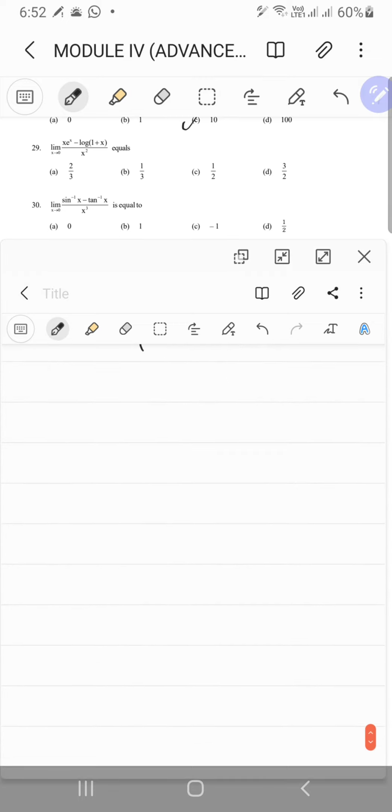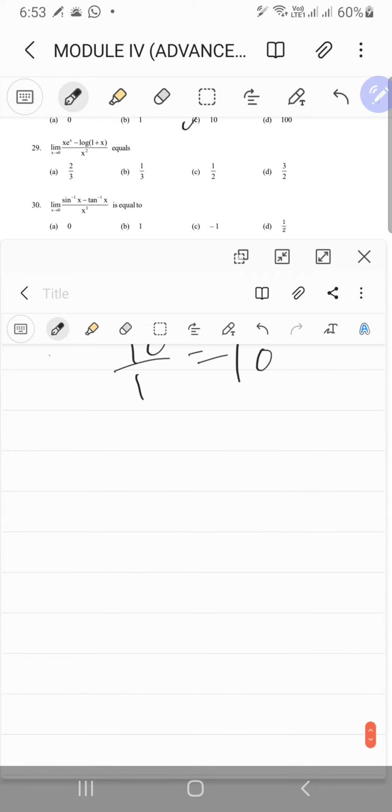x e to the power x minus log of 1 plus x, upon x squared. Okay, so it's a 0 by 0 situation, isn't it? So just take a derivative, no problem. Maybe we can divide by that thing. No, really no. So just taking the derivative.